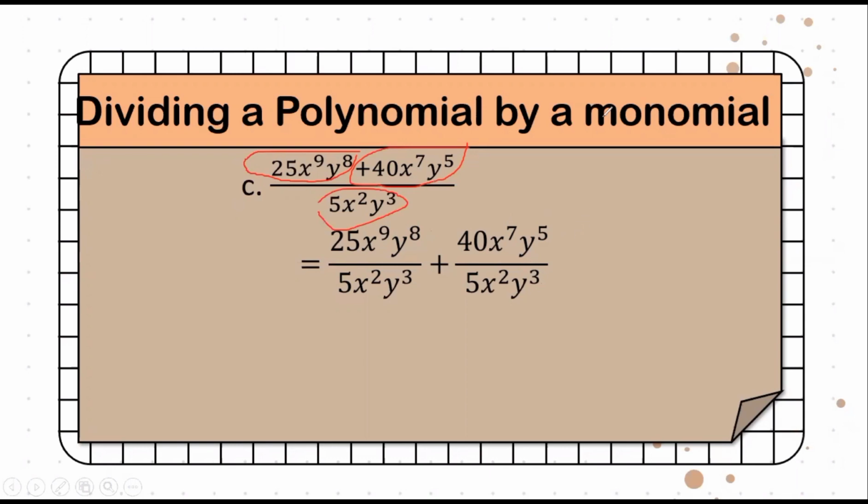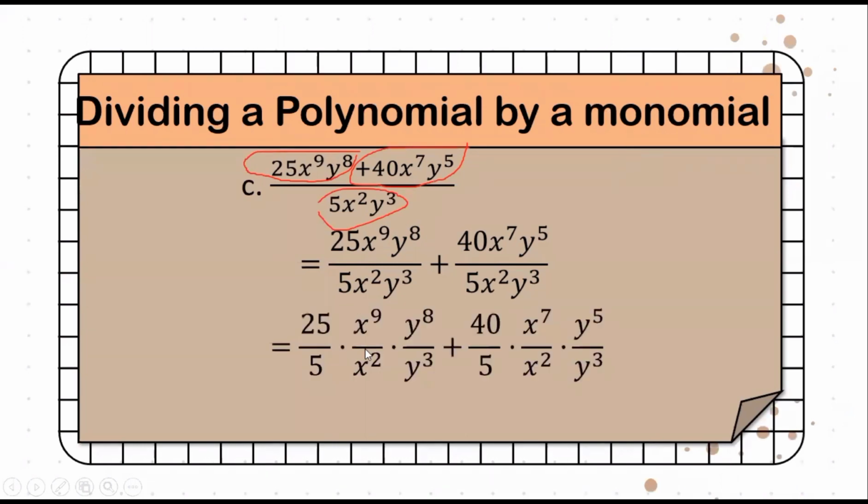And this will bring us now to 25 divided by 5, x raised to 9 over x raised to 2, y raised to 8 over y cubed plus 40 divided by 5 times x raised to 7 over x raised to 2 times y raised to 5 over y cubed.